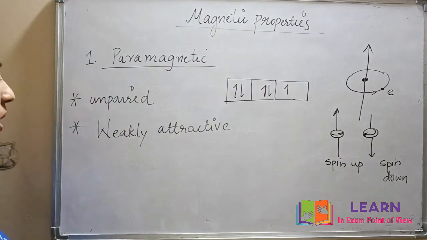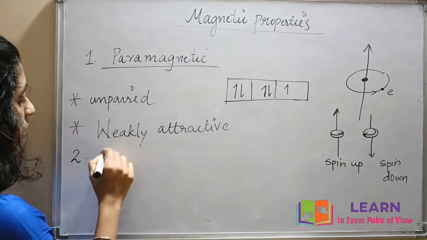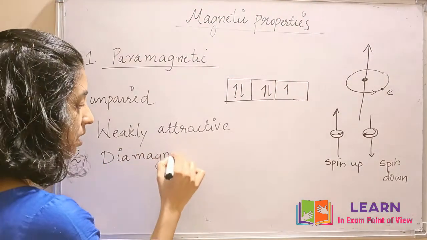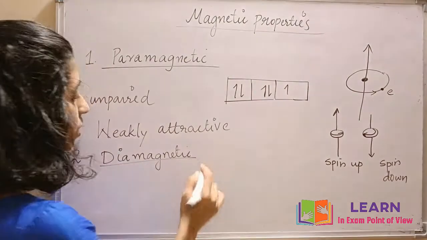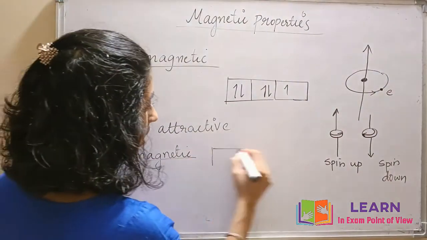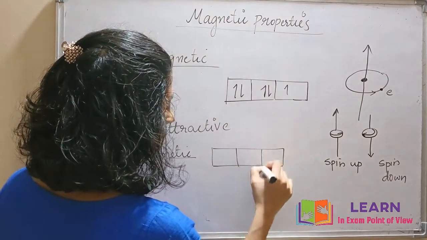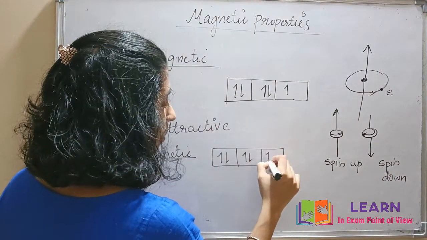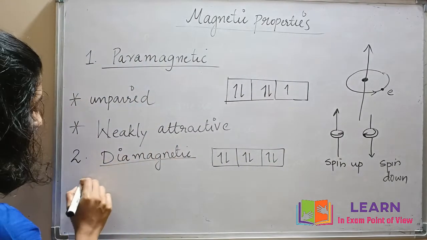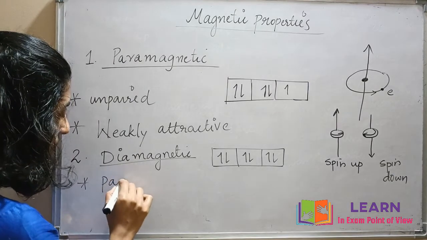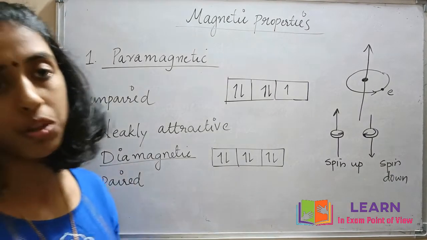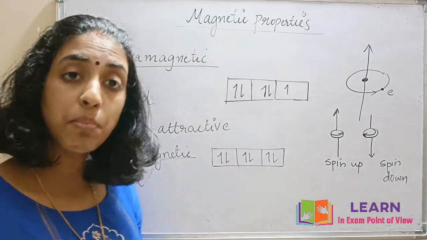Fine. So what is diamagnetic, the second one? From the name itself you can remember it. Dia means two, that is, everything will be paired. In diamagnetic, if you draw it, everything will be paired; nothing unpaired can be seen. The other property is just the reverse: it will be weakly repulsive.